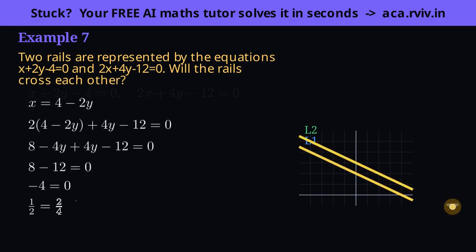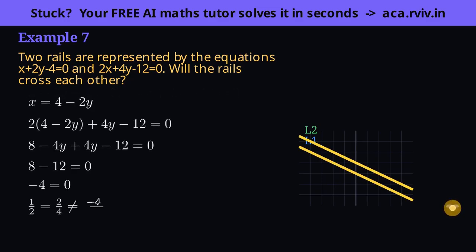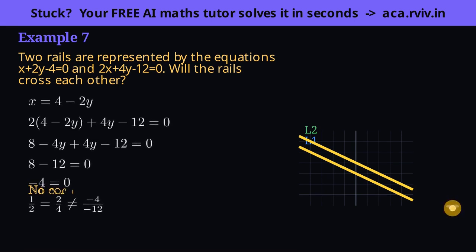The ratios confirm it, 1 over 2 equals 2 over 4, so slopes match, but that does not equal minus 4 over minus 12, which is 1/3, which differs. Equal A and B ratios but a different C ratio, the parallel case, exactly. Insight, here's the pair of signals to remember.